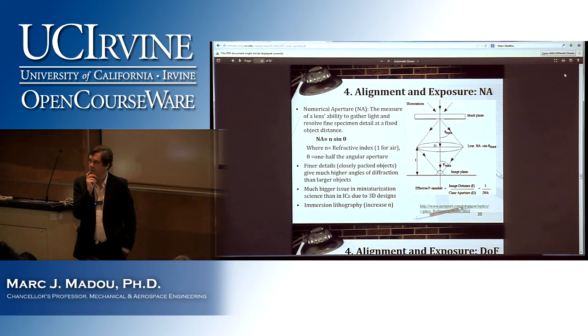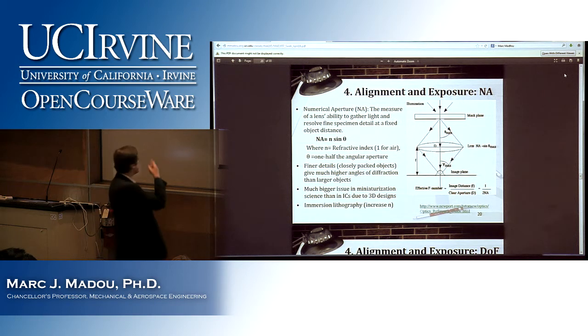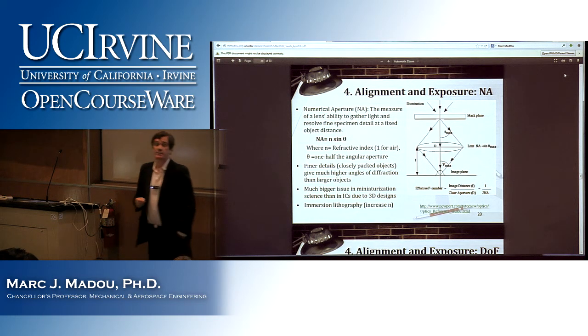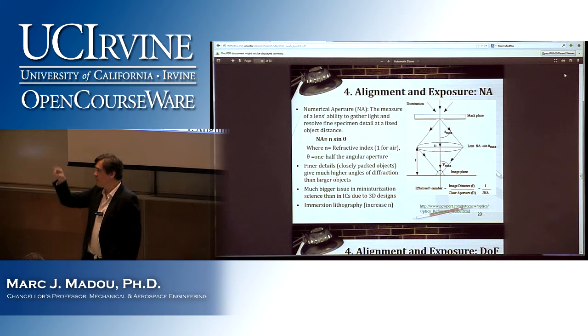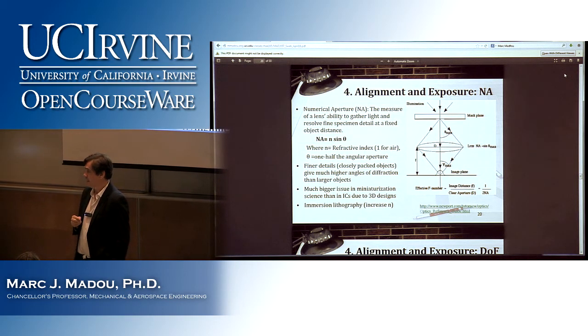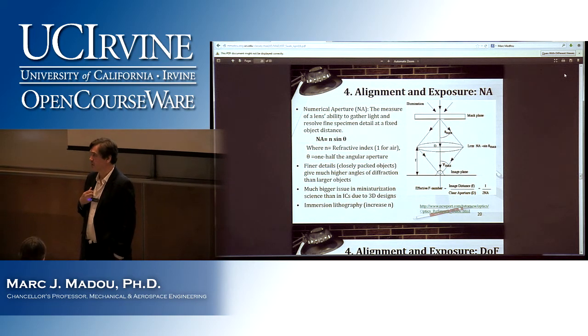The expression is R, resolution, equals k lambda over NA. So I want to make NA bigger. Looking at that equation, what could you do?